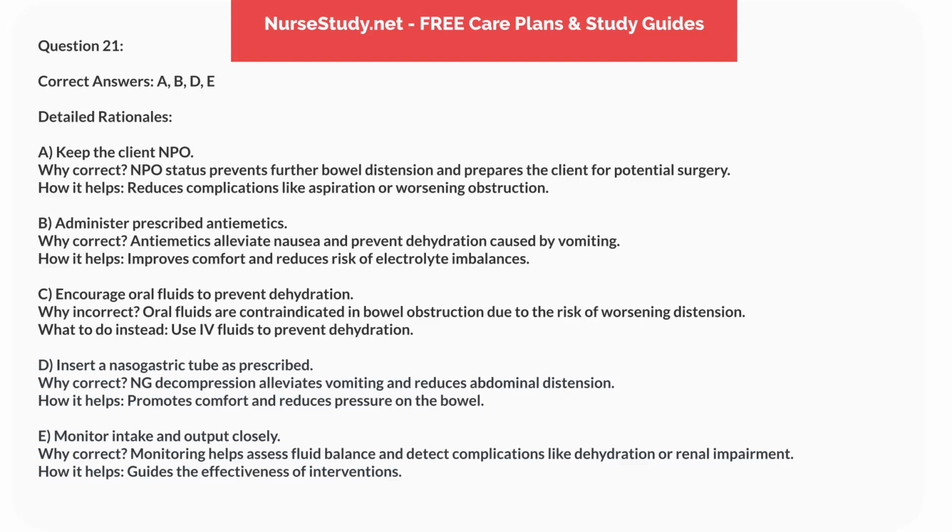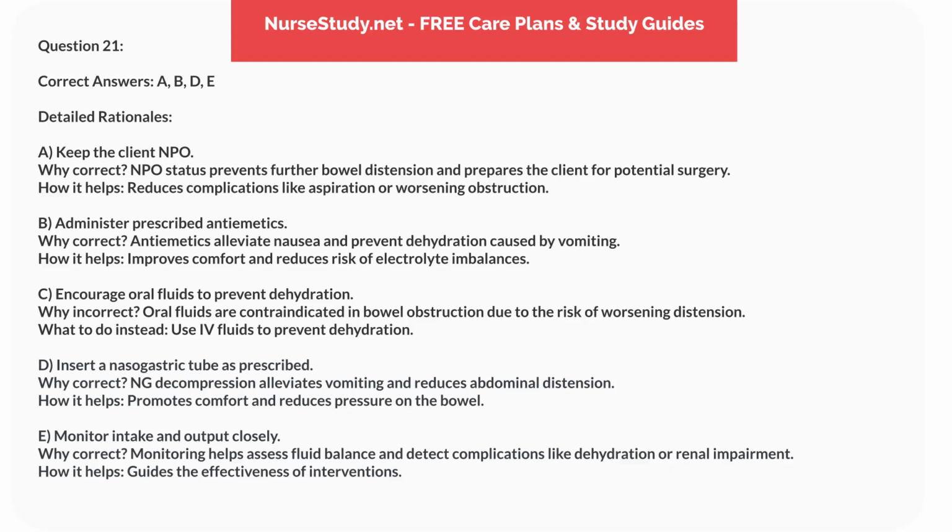C. Encourage oral fluids to prevent dehydration. Why incorrect? Oral fluids are contraindicated in bowel obstruction due to the risk of worsening distension. What to do instead: use IV fluids to prevent dehydration. D. Insert a nasogastric tube as prescribed. Why correct?